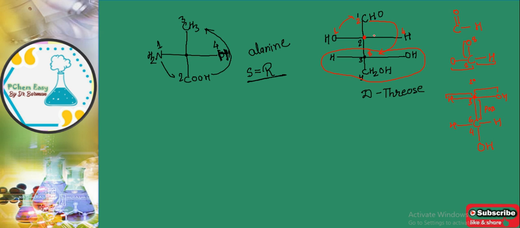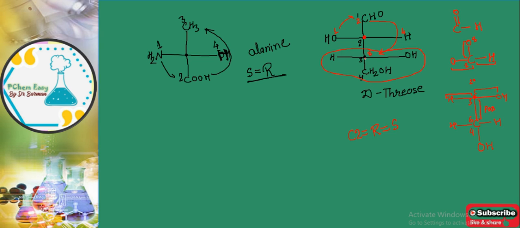So now for the configuration around C2, it is clockwise, so it should be R, but because the least priority group is horizontal, we have to reverse it. So it would be S. Now the configuration around this carbon is S.